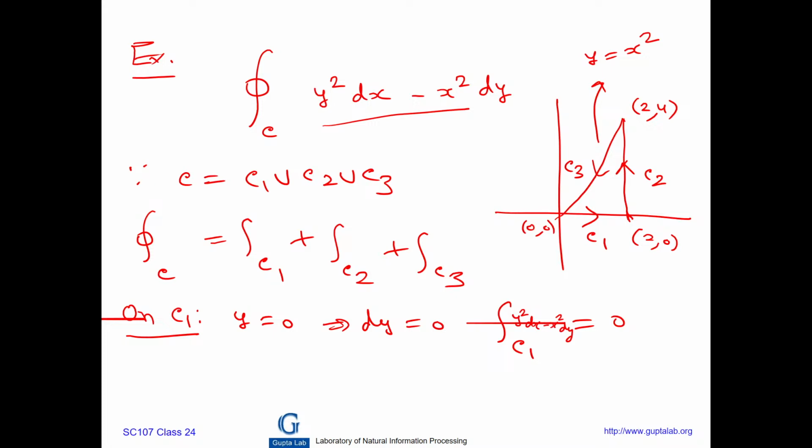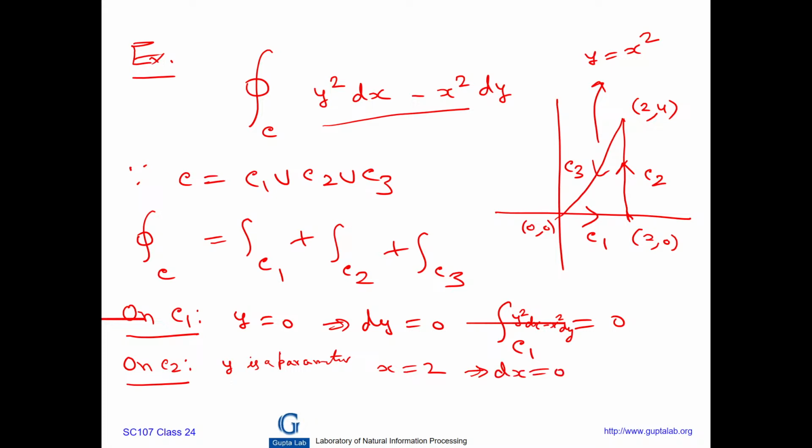Fine. On C2 what happens? Now on C2 actually y is a parameter, but x is equal to 2, that line x equal to 2 is fixed, and so dx is equal to 0, right?